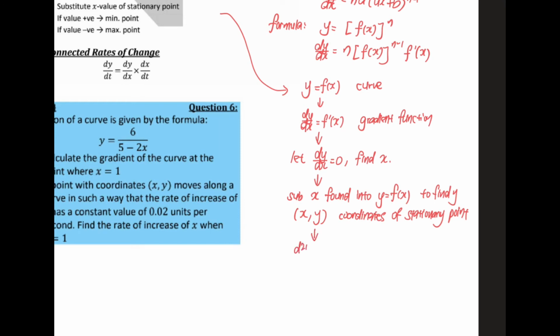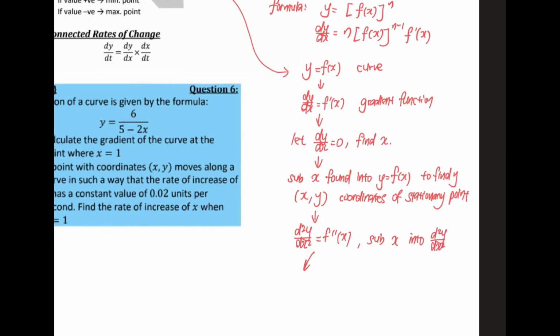Once you get x, y as the coordinates of the stationary point, then you do d2y/dx2, differentiating for the second time. Then you substitute the x coordinate of the stationary point into d2y/dx2.